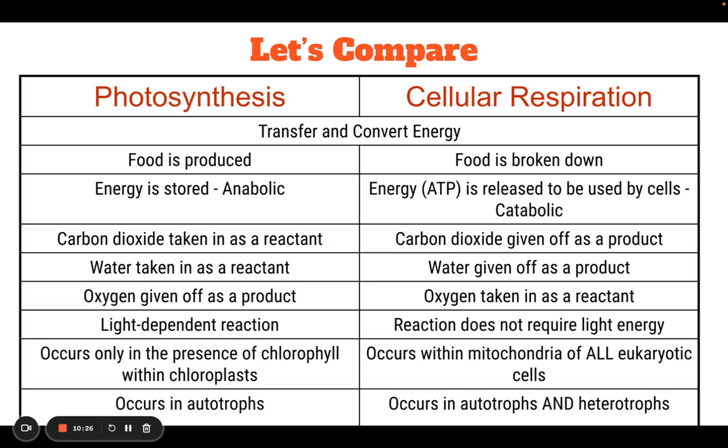Photosynthesis is also a light-dependent reaction that only occurs in the presence of chlorophyll within chloroplasts, while cellular respiration does not require any light energy and occurs in the mitochondria of all eukaryotic cells. The last comparison is that photosynthesis occurs only in autotrophs, where cellular respiration occurs in both autotrophs and heterotrophs.